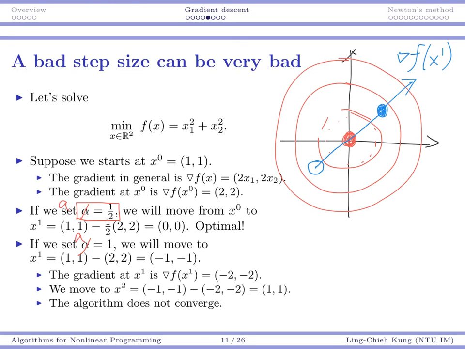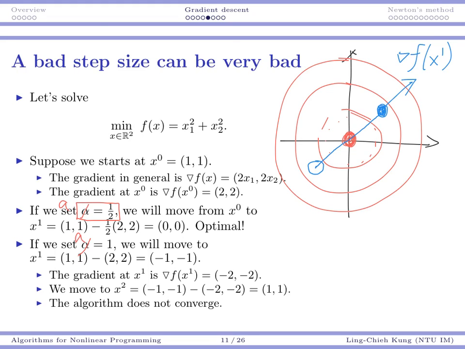So immediately you see we are having a too large step. I'm going to move to here, and if you calculate their objective values, it's actually the same. So we tried to improve, but actually we didn't, because we moved too large a step.